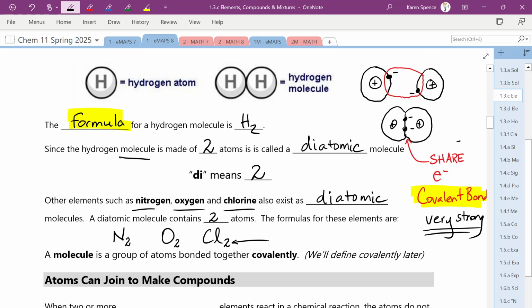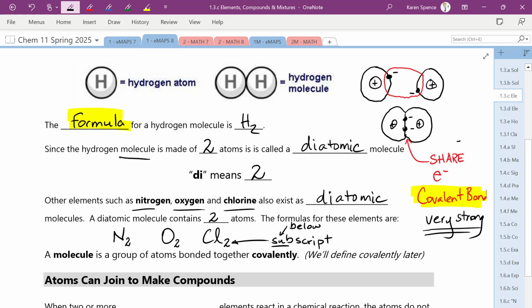Do you remember what we call these little numbers at the bottom? Those are called subscripts. The prefix sub means below. So if you go in a submarine, it goes under the water, below the surface of the water.